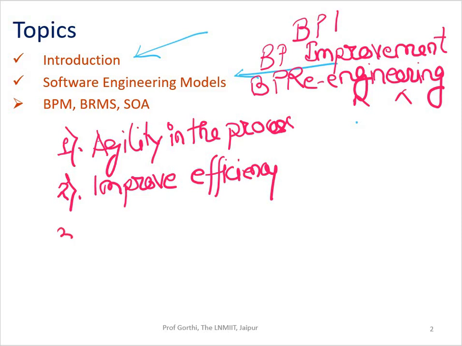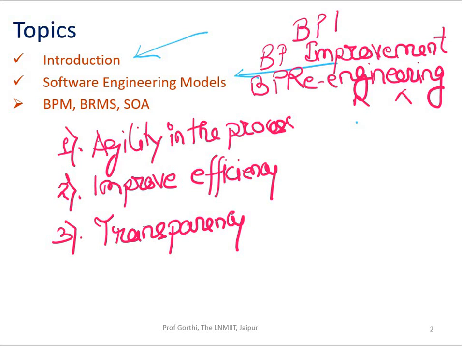And of course there will be transparency as well. That means everyone within the organization will be aware of the processes and the flows. Means how it is operated, what is the actual goal. So that would be leading to accountability, right?